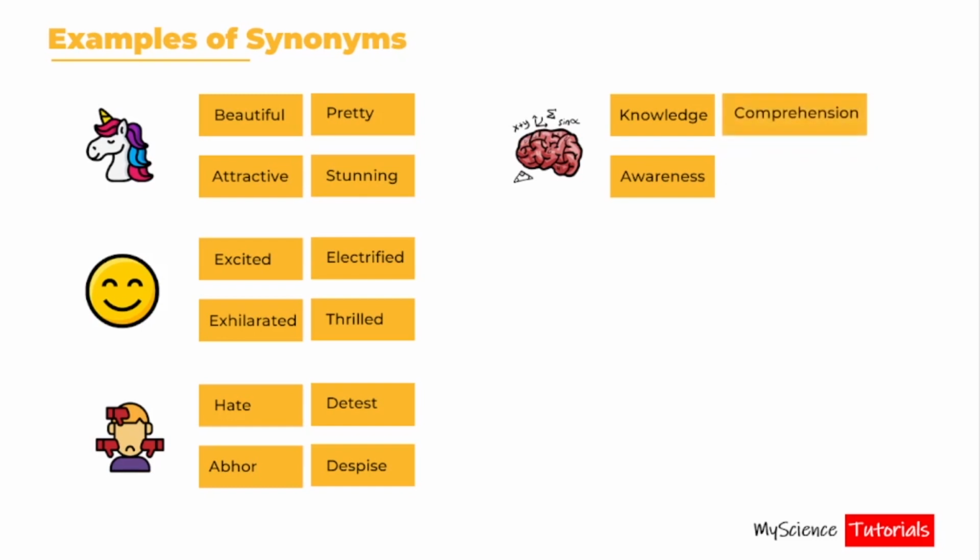Your comprehension, how you understand something, your comprehension or your understanding about a particular topic or a particular concept. So your knowledge is the same as your awareness, your comprehension, and your understanding of a particular subject or a topic. So knowledge, comprehension, awareness, understanding, they are synonymous.